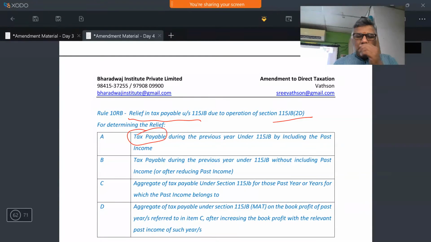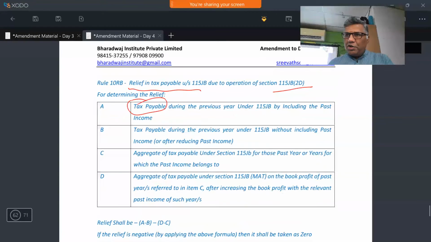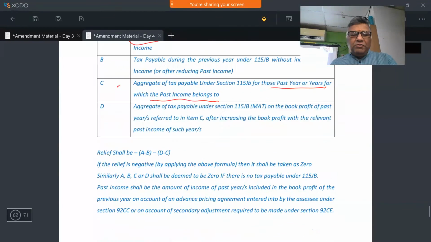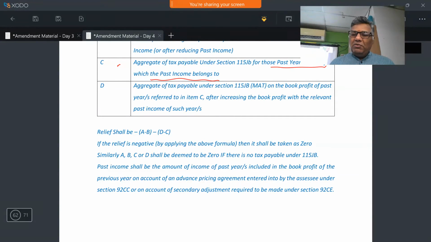B, MAT without including the past income, or after reducing the past income. C, MAT of the past year or years to which the past income belonged. D, MAT of C plus the relevant past income adjustment. If the relief is negative, it will be taken as 0. Similarly, A, B, C, D shall be deemed to be 0 if there is no tax payable.